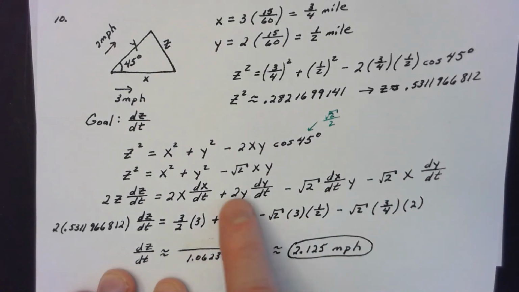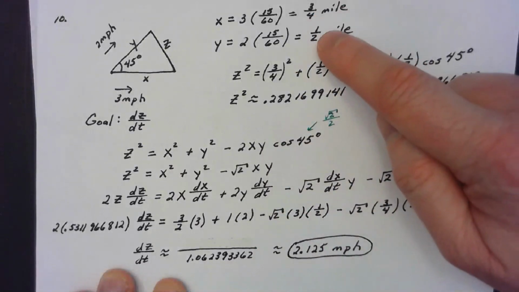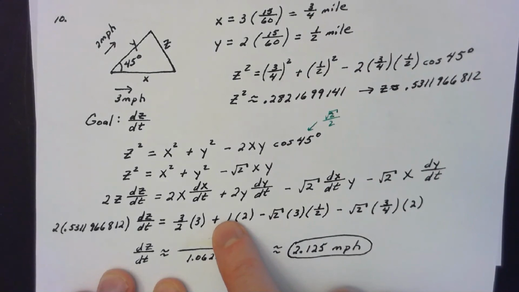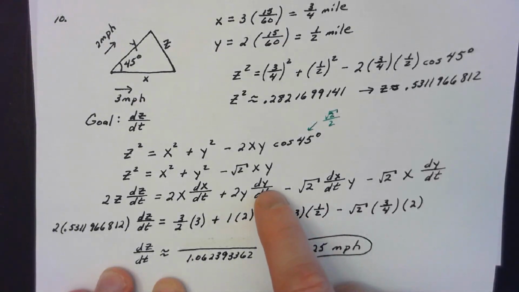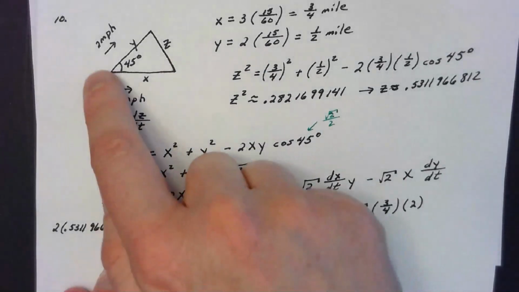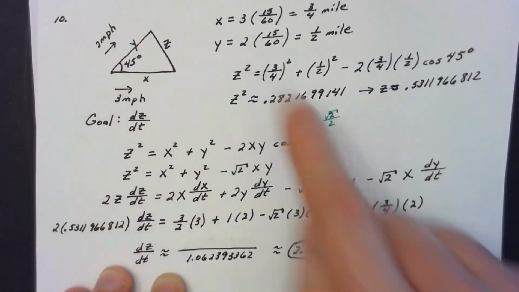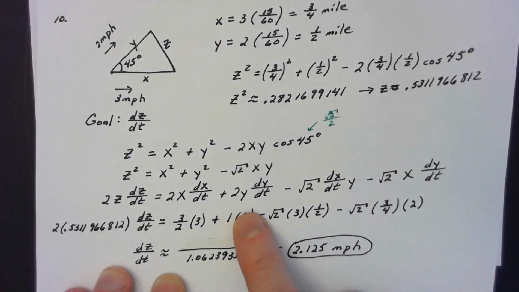Is going to equal 2y. y was my 1/2, so I said 2y is 1, times dy/dt, and in this case, the dy/dt from the problem was the rate at which you were traveling northeast. That was the 2 miles per hour, so I put that in.